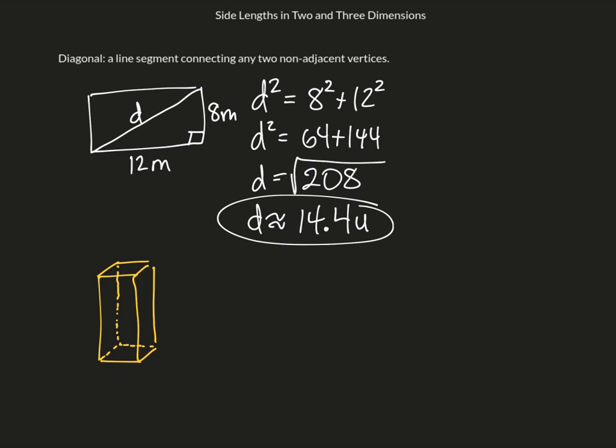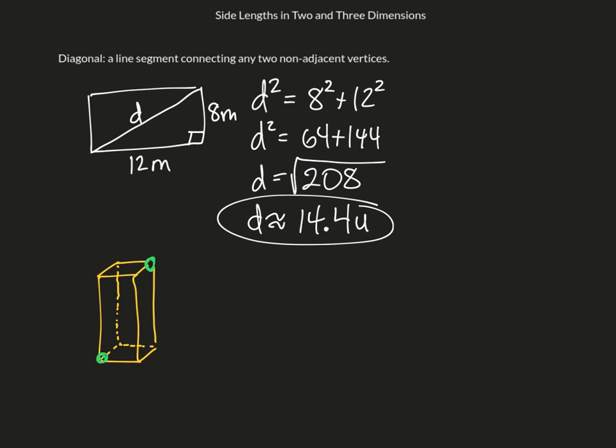So what's going to be interesting now is to find the three-dimensional diagonal here. And so the three-dimensional diagonal here will be from any one of the bottom corners to the opposite top corner. So for instance, it would be this corner, front, bottom left, and top right in the back. So that would be one diagonal.